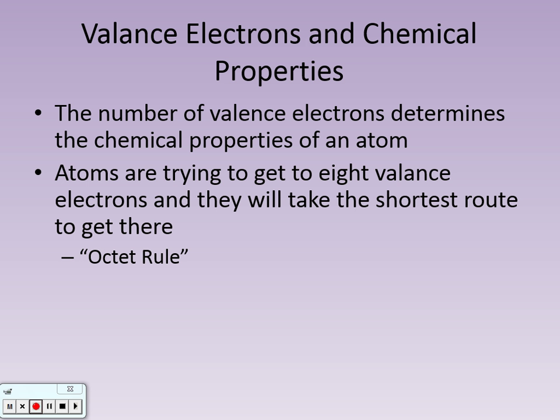What we find out is that in terms of potential energy for an atom, having 8 valence electrons is more important than having an equal number of protons and electrons. 8 valence electrons is more important than an equal number of protons and electrons. Okay?